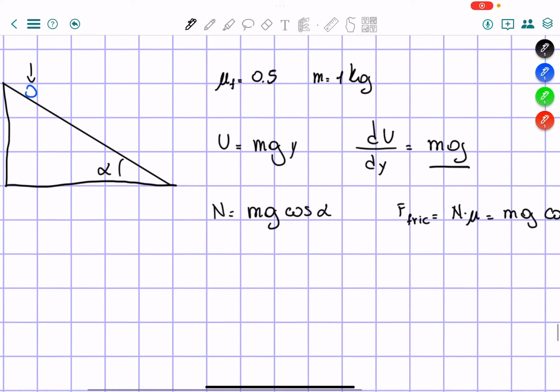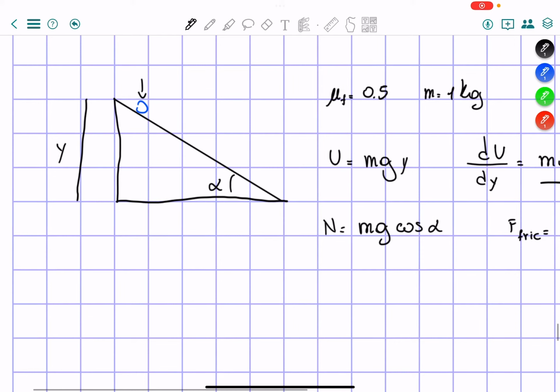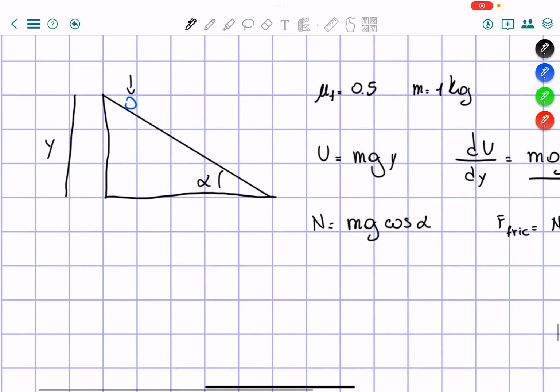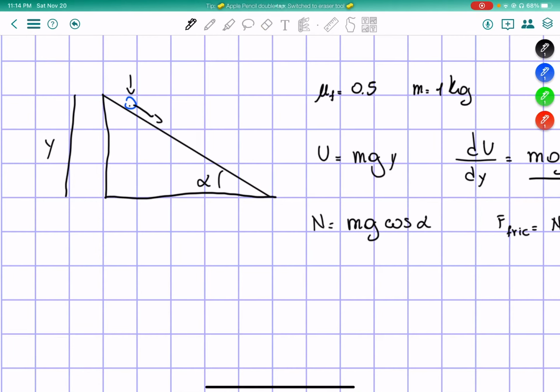Also, one thing we have to take into account is that the ball is not moving directly down, so this potential energy force is going to be broken into components.